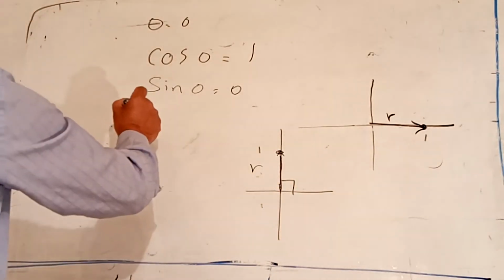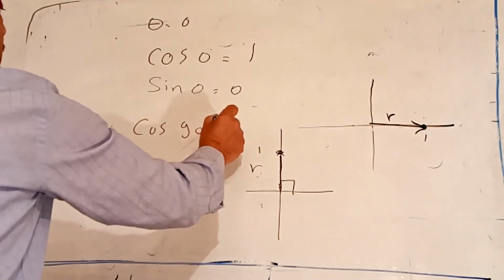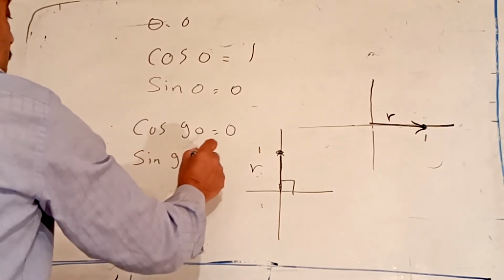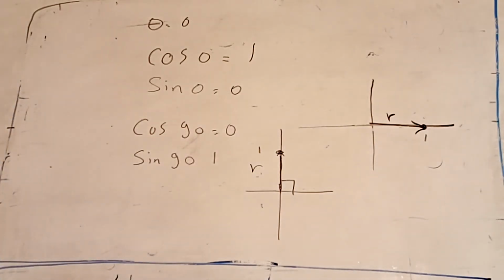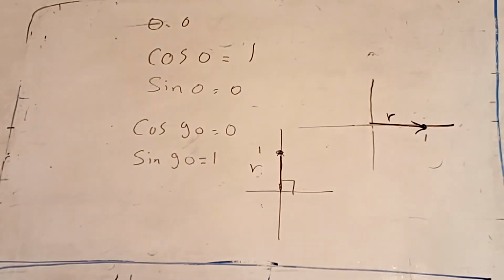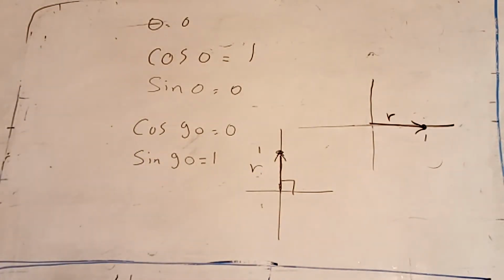So cosine 90 equal 0 and sine 90 equal 1. Take a look at it before I erase.